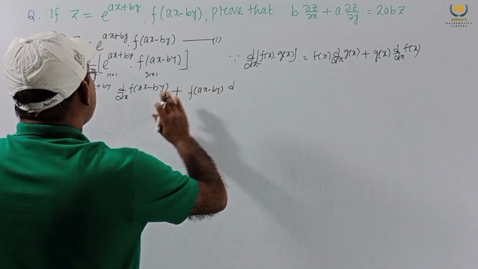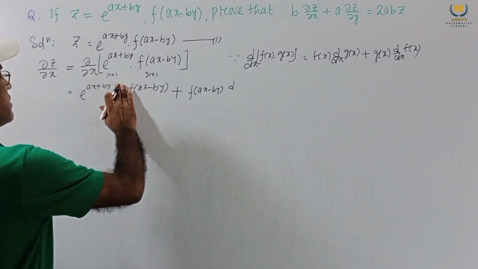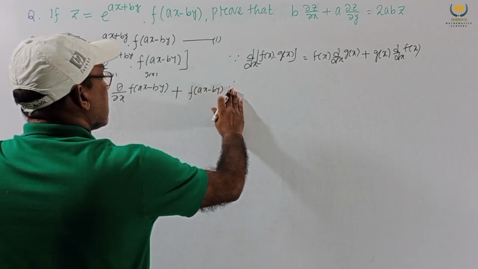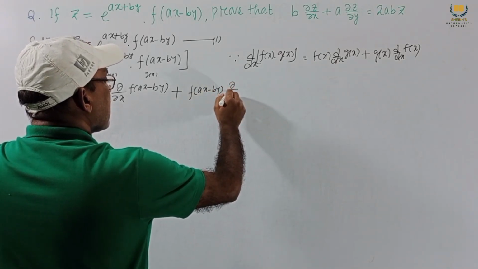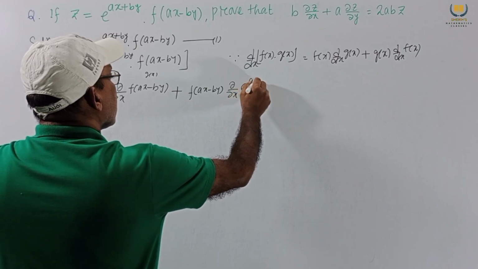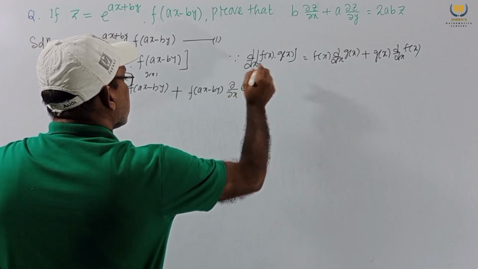d/dx, no, this is del x, this is partial differentiation, del/del x of e to the power ax plus by. We get this.